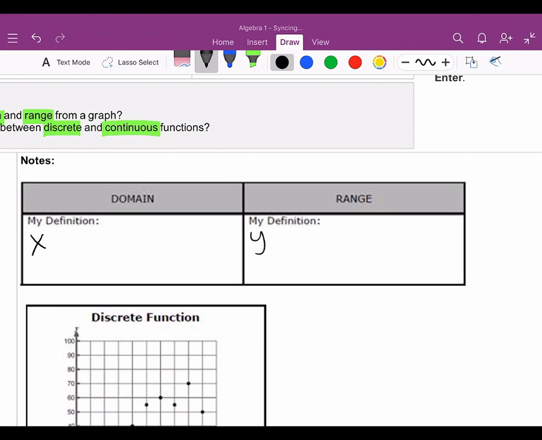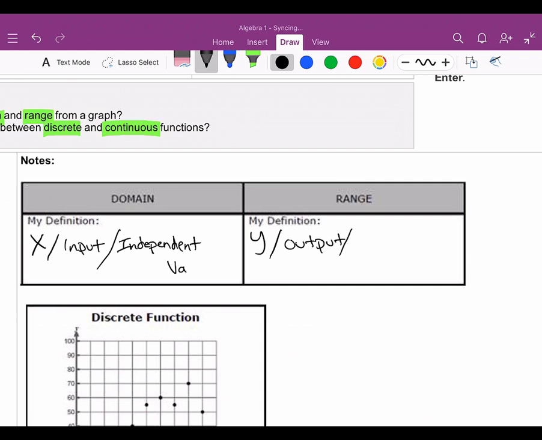But there's also, your domain, your x's, those are also your inputs. So I'm going to write input. That means your y, your range, are also your outputs. And there's also independent and dependent. So domain is going to be your independent values, it doesn't depend on the other value.